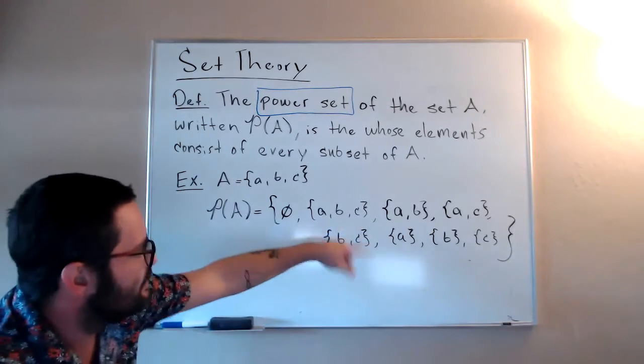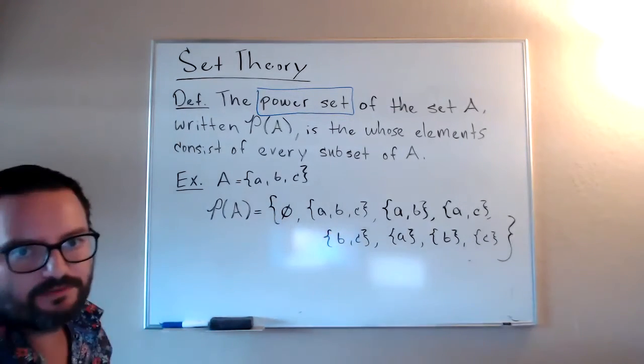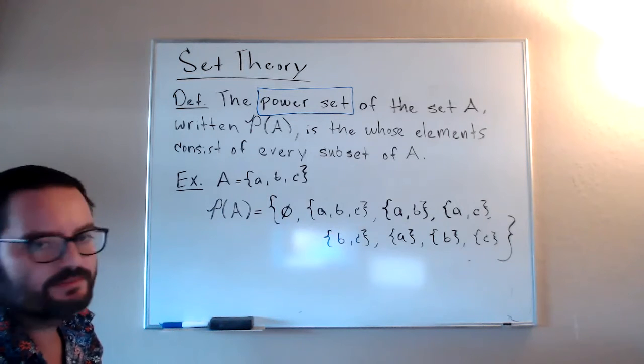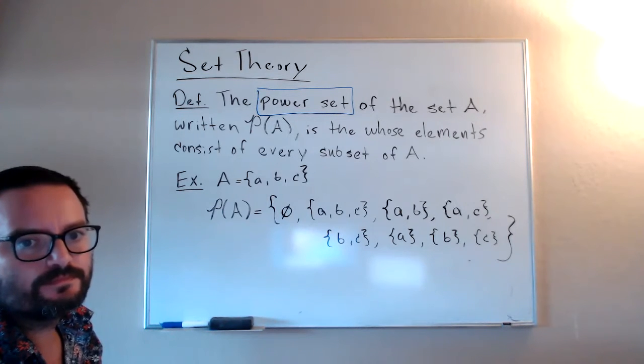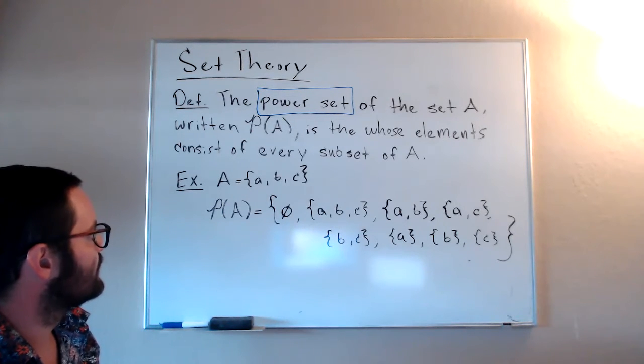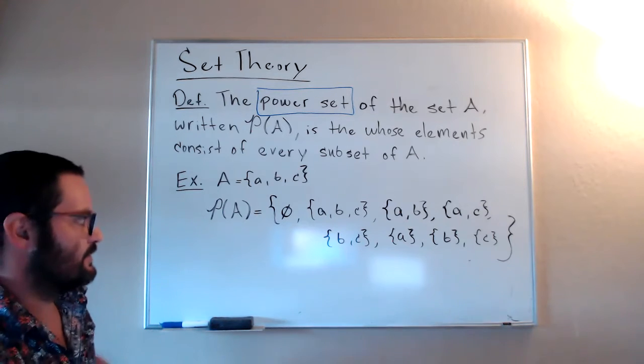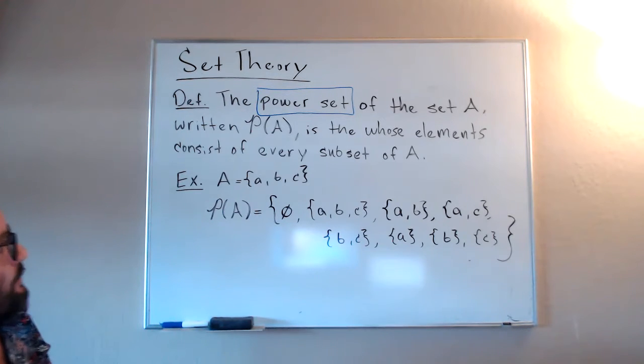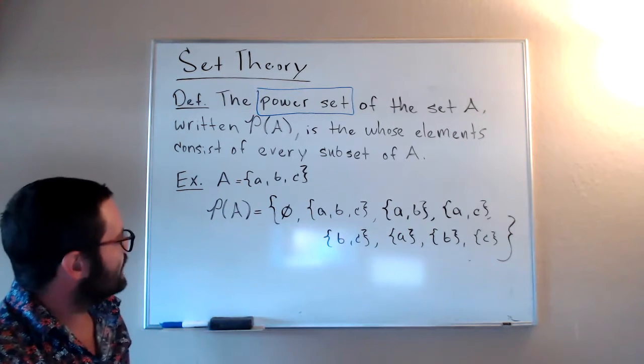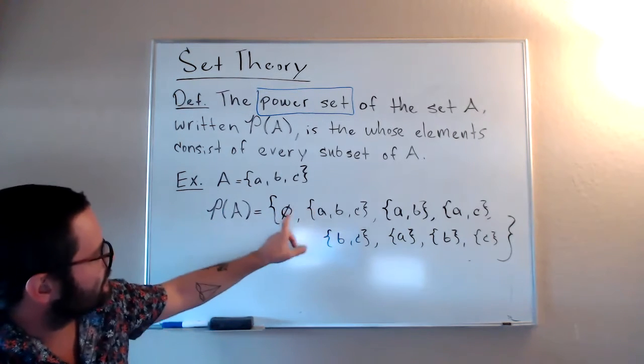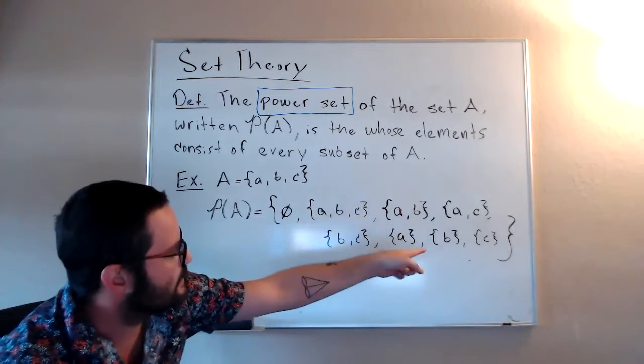If you pick anything in this set, it will be a subset of A. That's the significance behind it. Okay? Now, for those of you that are interested in going to grad school, you can see some interesting power sets in some of your graduate level courses. For example, you can see how many elements are here. There's 1, 2, 3, 4, 5, 6, 7, 8, right?